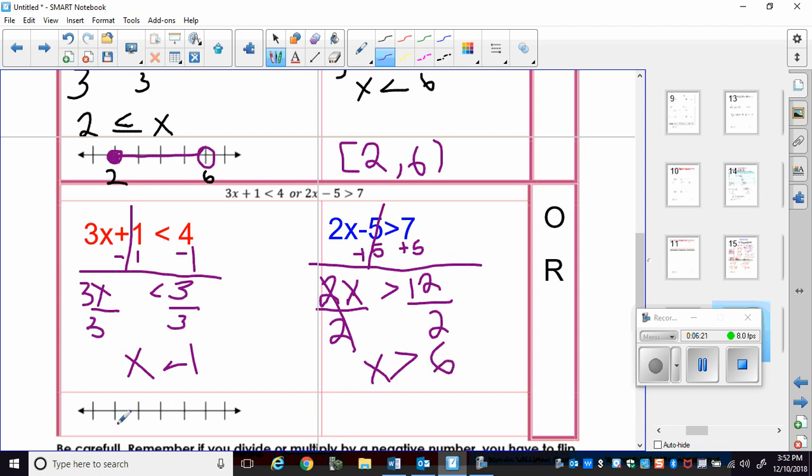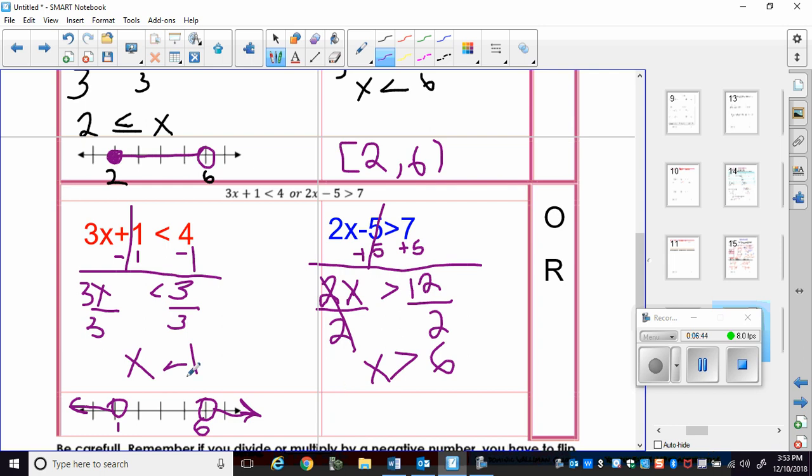Now, here are my numbers, 1 and 6. Nothing's filled in, so it's an open circle at 1 and 6, right? All the numbers less than 1 go towards the left. All the numbers greater than 6 are towards the right of 6. And there's my graph.